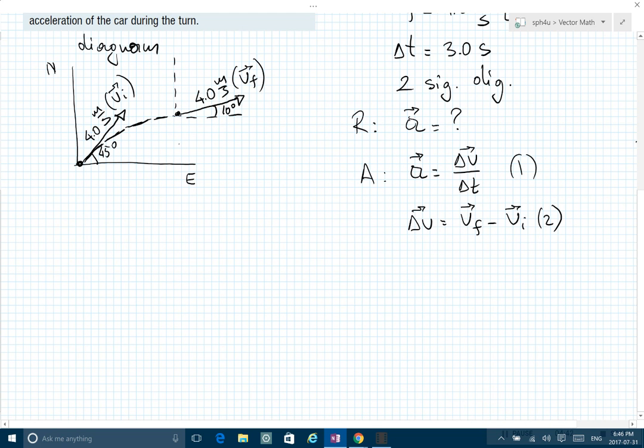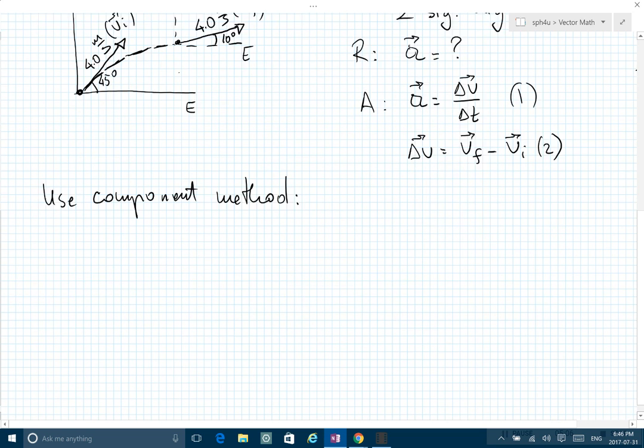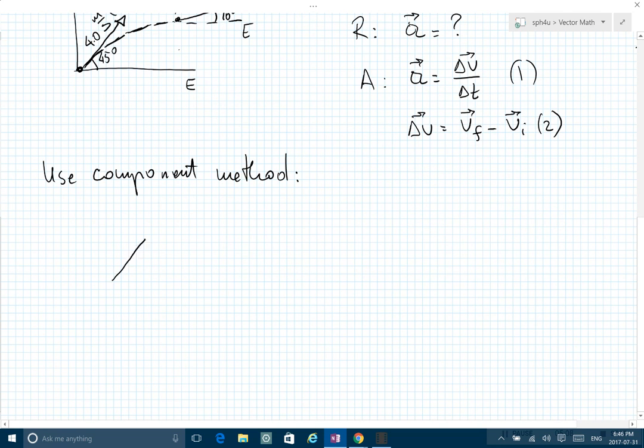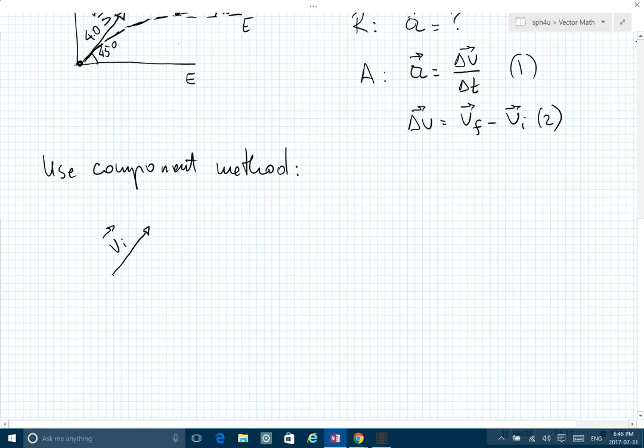All this is just for us to make peace with it, to say, okay, what is going on? How is this motion happening? But in terms of vectors, we absolutely don't care. We don't even need to know physics. All we have to do is just use our component method to find our vector. So again, if I were to just care about the vectors, here is vi.